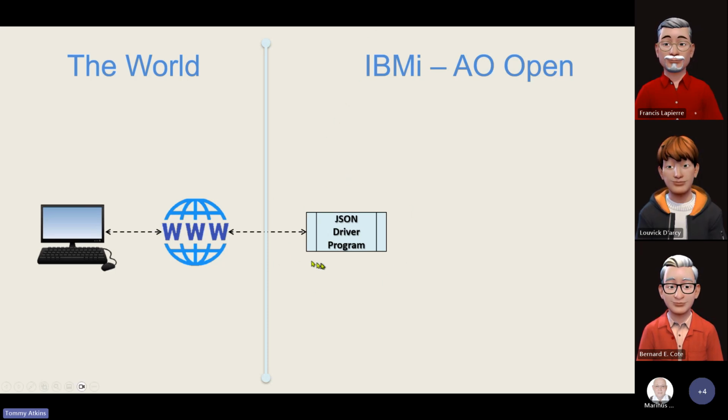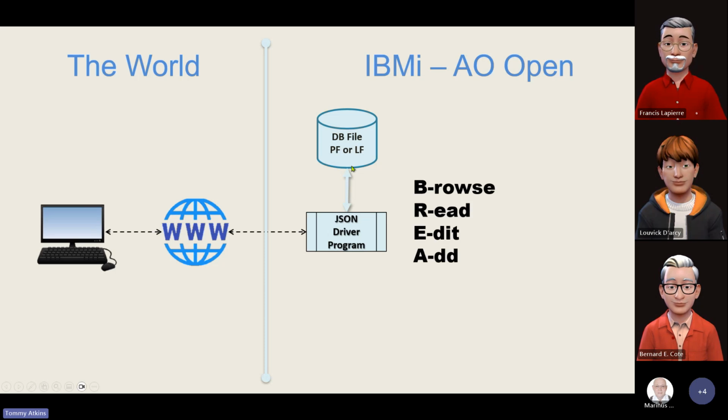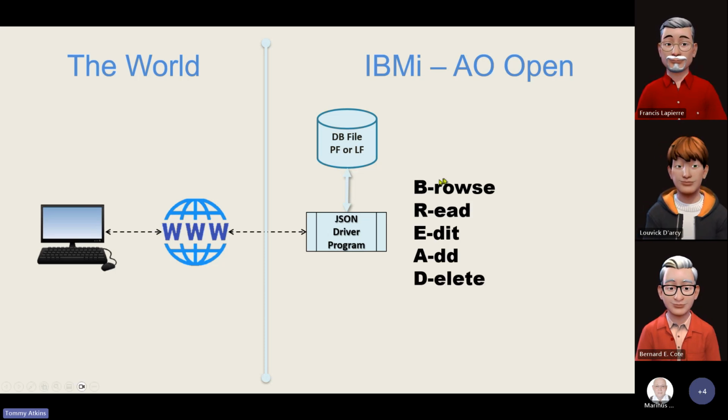We've provided 2 templates, which are used to create the basic JSON driver, which usually relates to a single database, physical or logical file. This is the base configuration and provides normal read functionality.